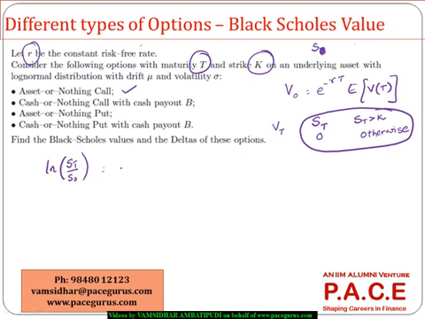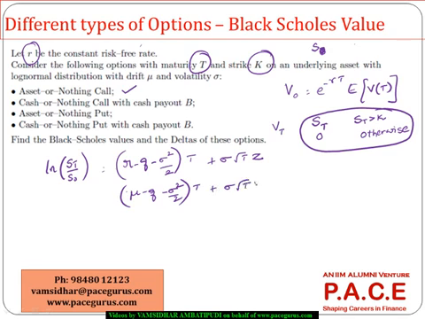I can very well take it as r minus q minus sigma squared by 2 times T plus sigma root T times Z. In the normal case when we are talking about mu separately, it comes out as mu minus q minus sigma squared by 2 times T plus sigma root T times Z. So this is what will be log ST minus log S0.